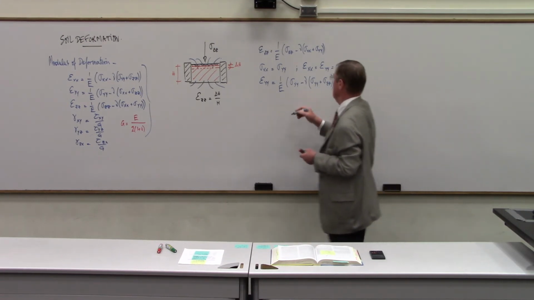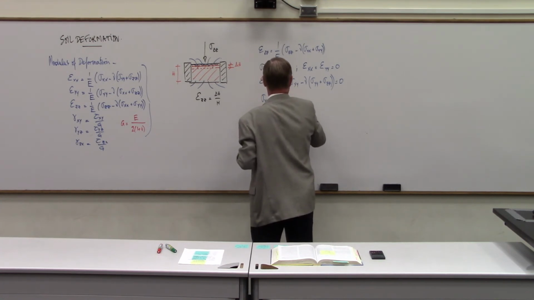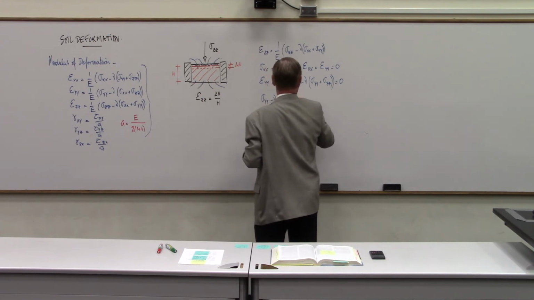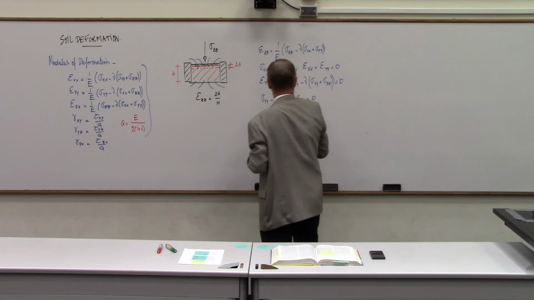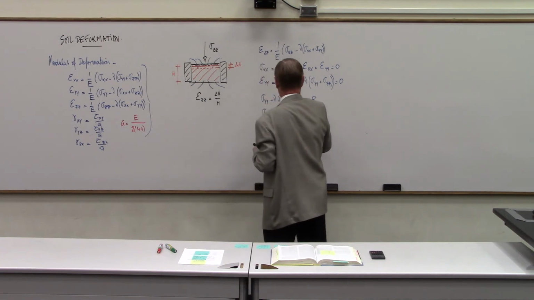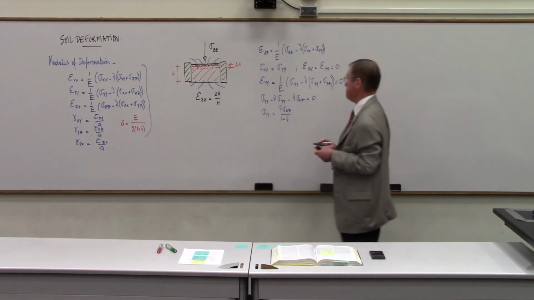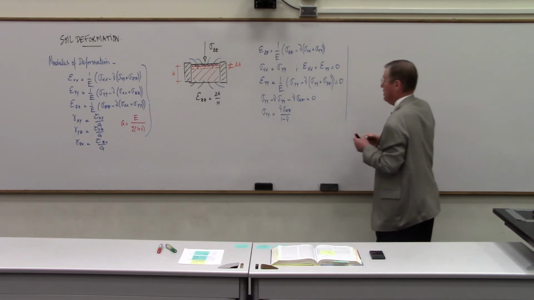Therefore sigma YY minus nu sigma YY minus nu sigma ZZ equals 0, and therefore sigma YY is equal to nu sigma ZZ over 1 minus nu. Okay, that's what I get so far.